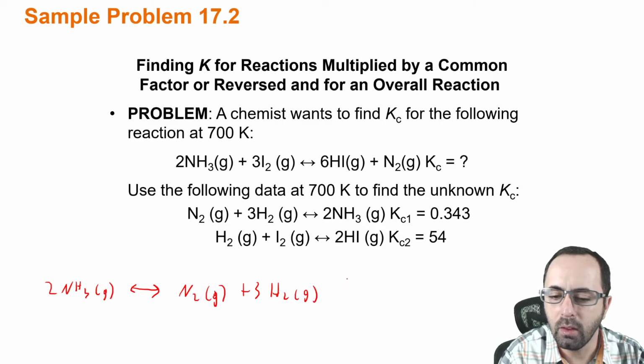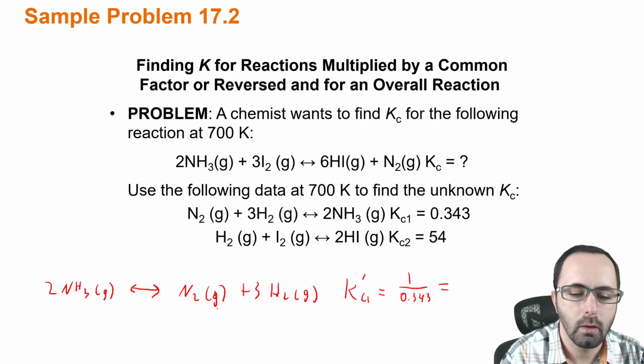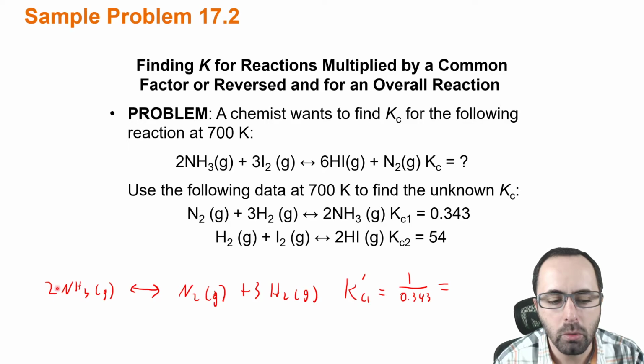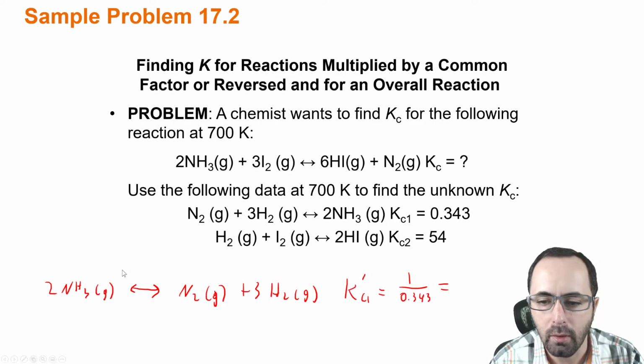And our K for this one, which I'll call K prime C1, is going to be 1 over 0.343. Okay. Now, also looking at this, we don't have to multiply this by any number, it looks like, because we have two NH3s here and two NH3s here. So we should be okay on this.